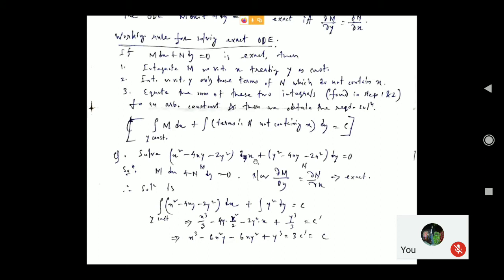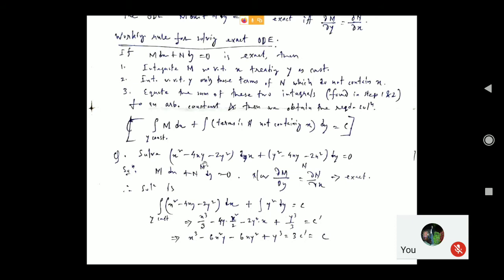So suppose we want to solve this differential equation, it is given. In the exam, these things are not given, like solve by exact method or whatever method. You need to determine which technique of solution you can apply. So first thing we check is whether it is exact or not. First we will see whether it is first order or not. This exactness is applicable for first order differential equations only. We can see very easily that it is a first order ordinary differential equation of the form M dx plus N dy.